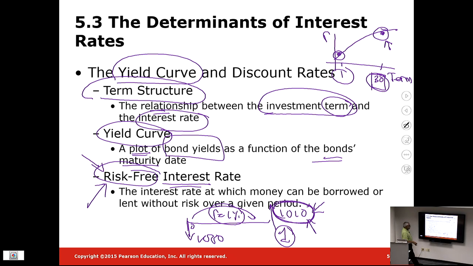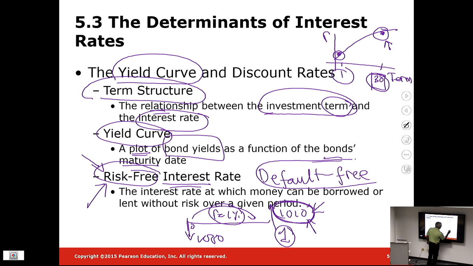So we have to be careful in interpreting what risk-free interest rate means. It does not mean that it is risk-free in a true sense. It only means it is risk-free in a sense that it is default-free. By the way, the same promise cannot be made by other investment choices.